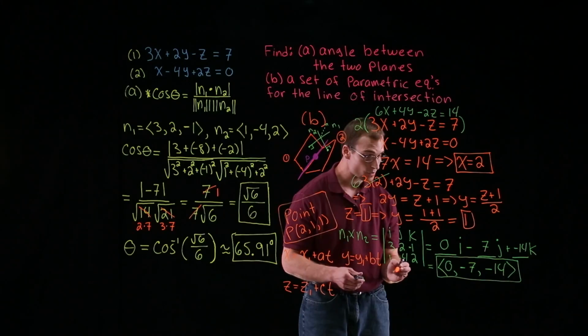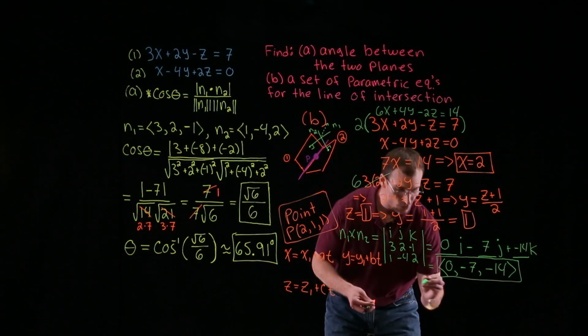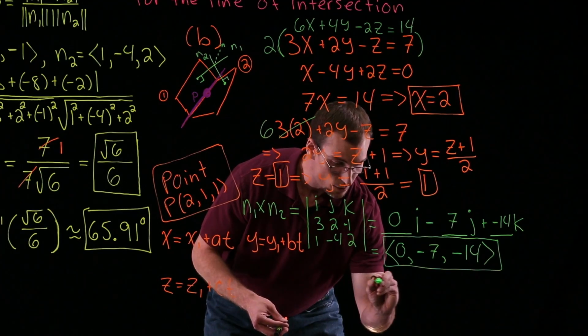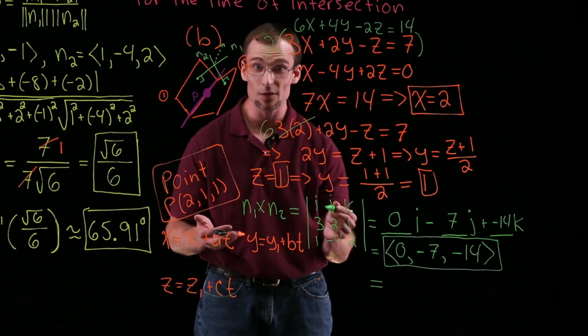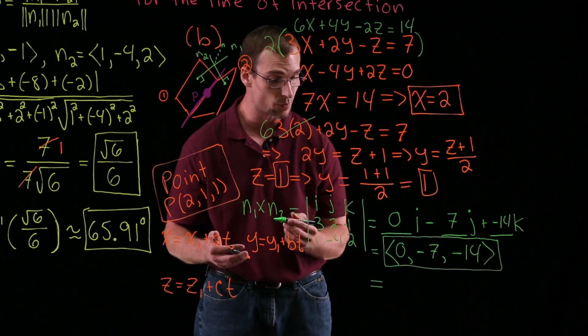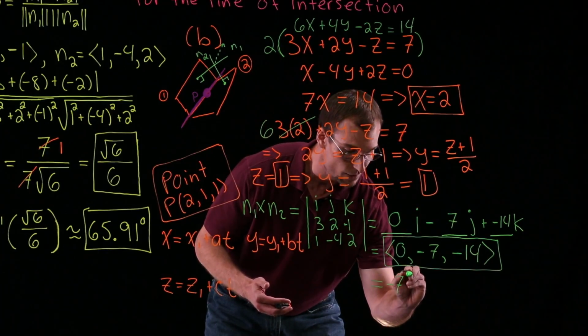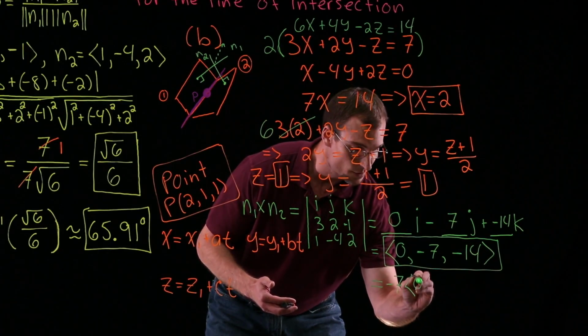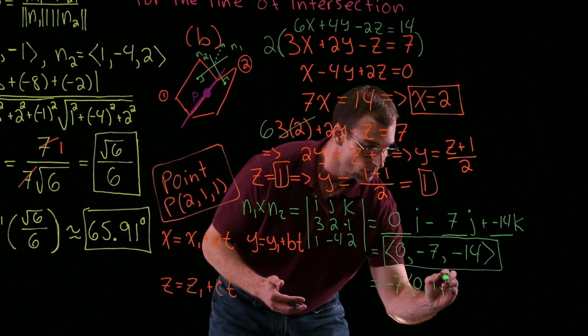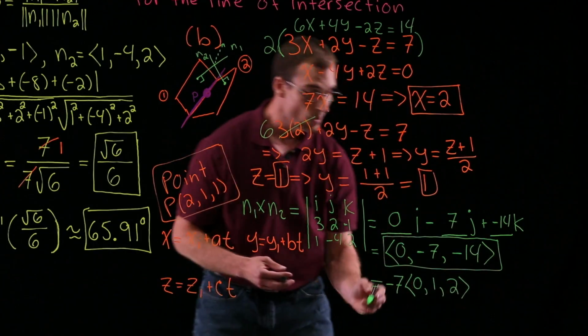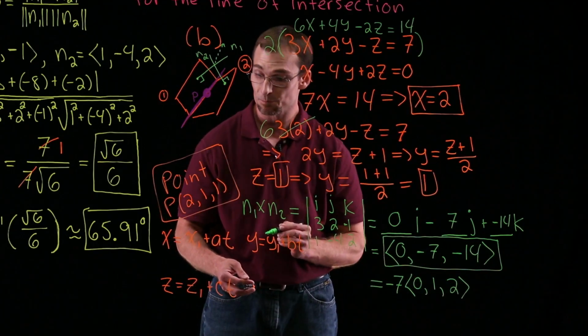We're going to simplify our direction vector a little, noting that two vectors are equivalent if they're parallel, or scalar multiples of each other. We can rewrite this vector as -7 times a vector with components 0, 1, and 2. So that's what we'll take as our a, b, and c.